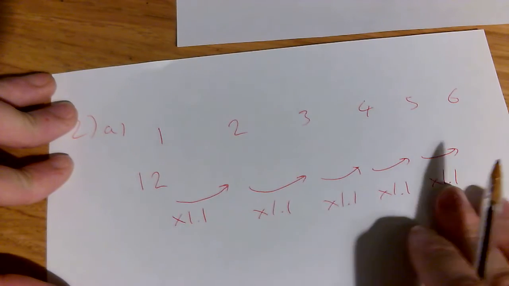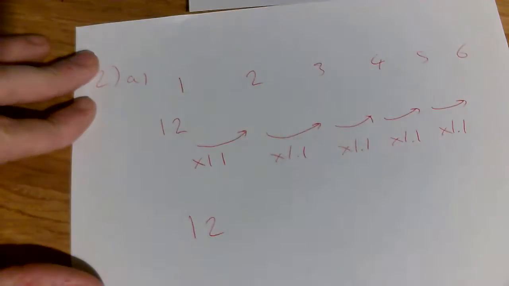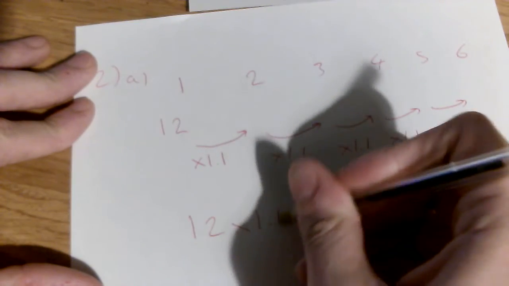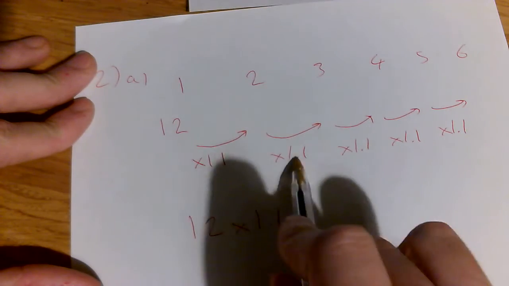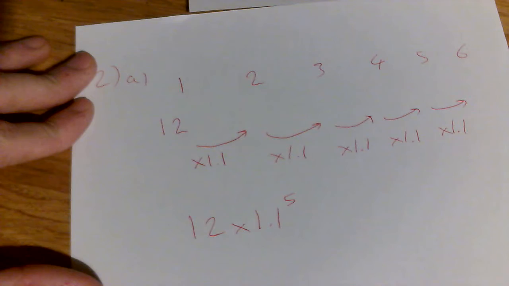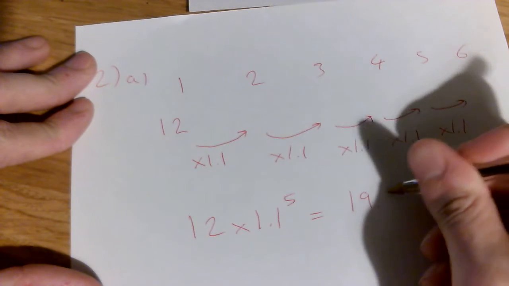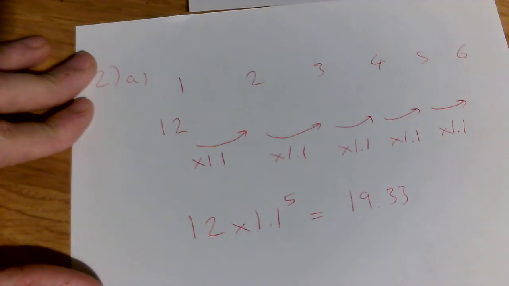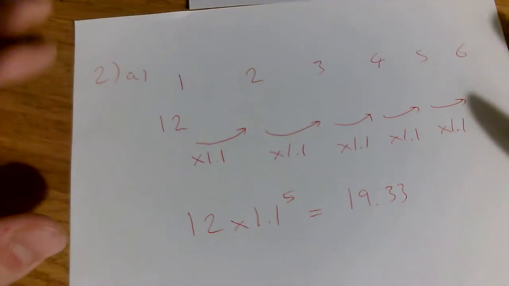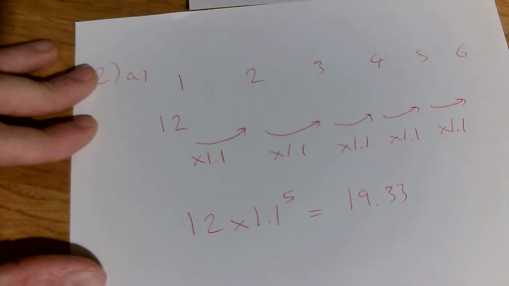Of course, there's a much quicker way of doing this. We could just do 12 million multiplied by 1.1, well, 1, 2, 3, 4, 5 times. That's what it's going to be. And the answer to that is roughly 19.33. So 19.33 million bacteria is how many are going to be created in the 6th hour.